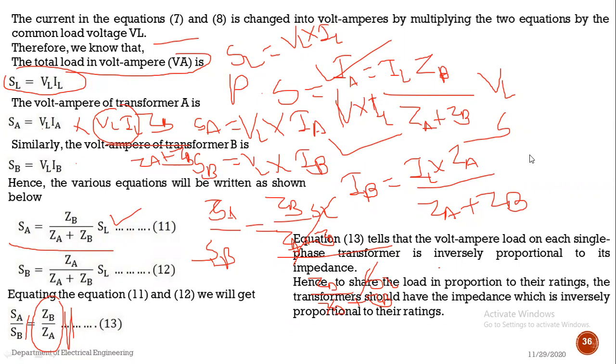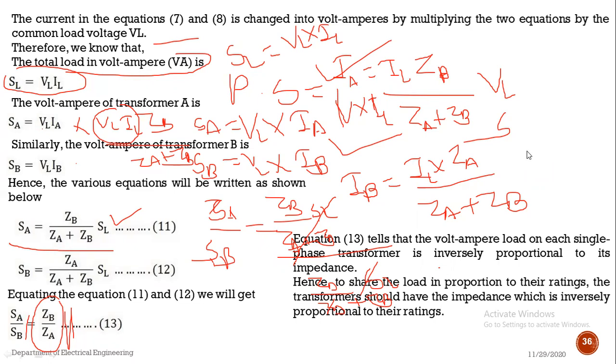Hence, to share the load in proportion to their rating, the transformer should have the impedance which is inversely proportional to their rating. ट्रान्सफॉर्मरचा इम्पिडन्स असा पाहिजे की त्याच्या रेटिंगला इनवर्स प्रोपोर्शन मध्ये पाहिजे.